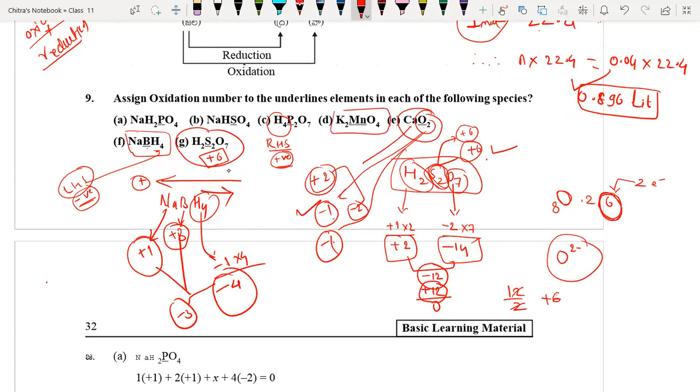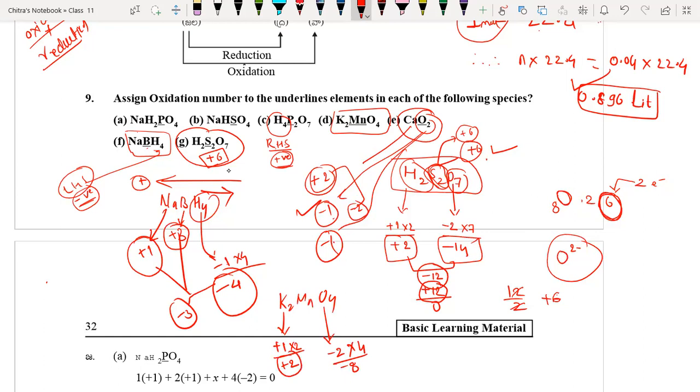Now for K2MnO4 we have to calculate. The charge on oxygen is -2. We have 4 oxygens, so we multiply by 4, and now we have -8. Potassium is a metal, so it has charge +1. We have 2 potassiums, multiplying by 2, so we get +2.